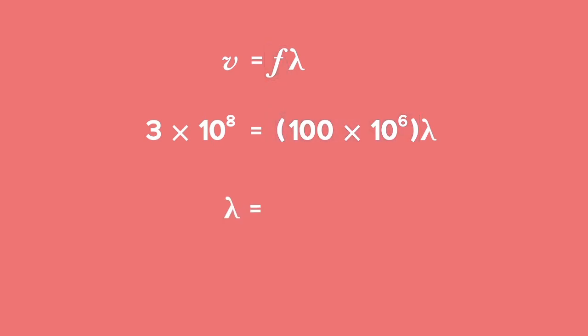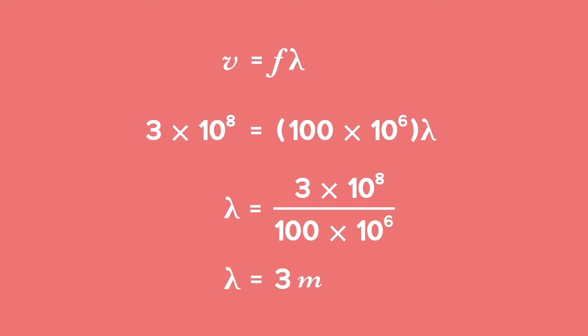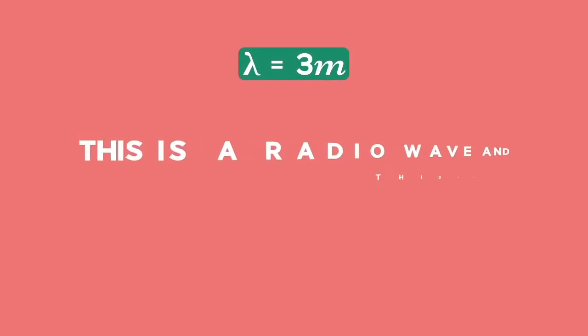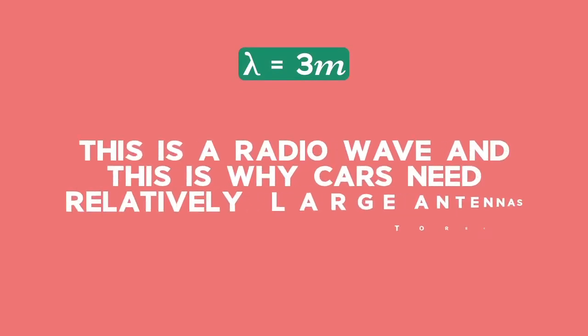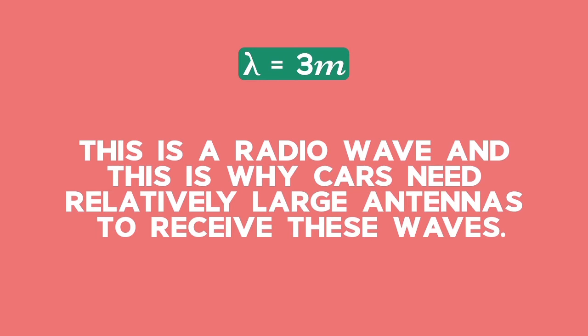Solving for wavelength means that it equals 3 times 10 to the power of 8 divided by 100 times 10 to the power of 6. That leaves us with a large wavelength of 3 meters. This is a radio wave, and that is why cars need relatively large antennas to receive these waves.